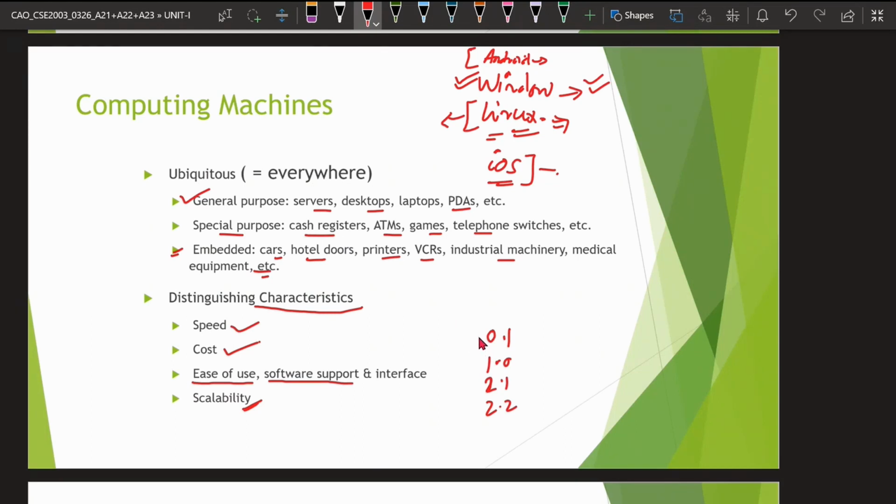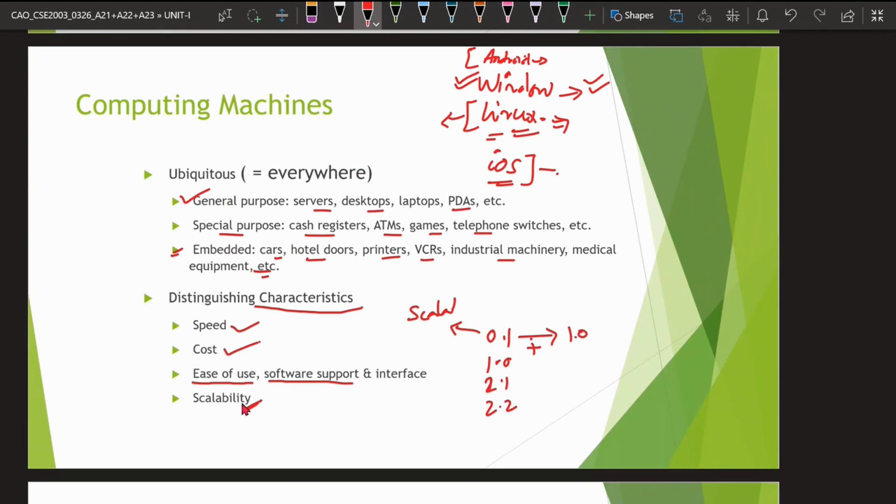So if this is a version, and by adding something to this version we are able to get the 1.0 version, suppose, then we can say that this system is scalable. Okay, because from the previous version with some modification we can get the new version. That means this version was scalable. So this should be the property of a particular device.